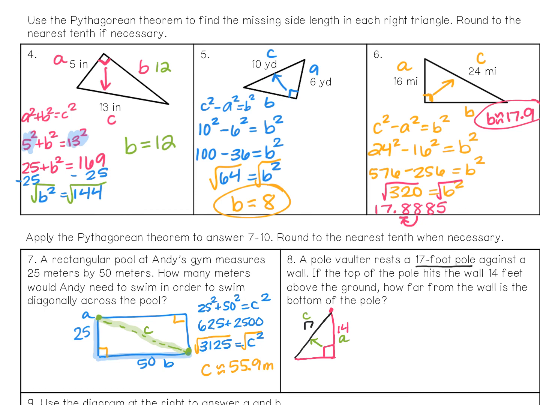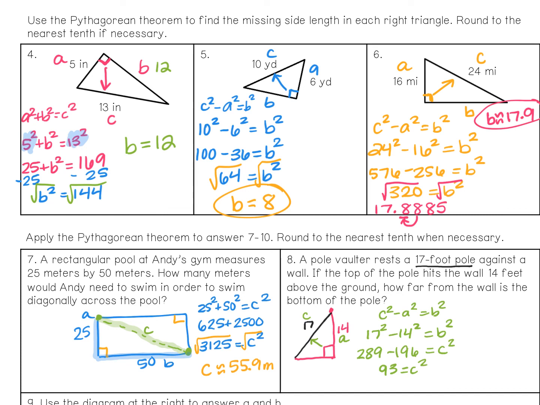So since I'm solving for a leg, I'm going to subtract. C squared minus A squared equals B squared. So 17 squared minus 14 squared equals B squared. 17 squared is 289. And 14 squared is 196. When I subtract, I get 93.